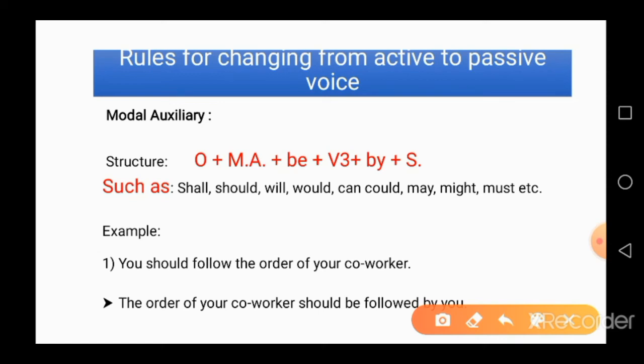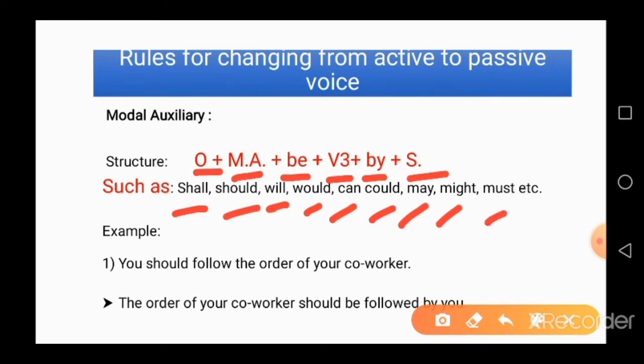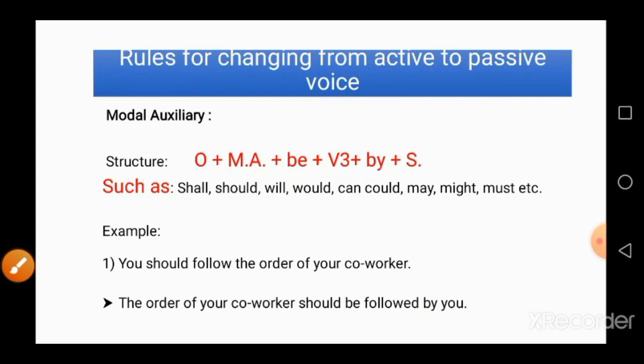Here, we are changing from active to passive voice of modal auxiliary indefinite tense, and the structure is object plus modal auxiliary plus be plus V3 plus by plus subject. Here some modal auxiliaries are given. They are shall, should, will, would, can, could, may, might and must. These are the modal auxiliaries we use here.